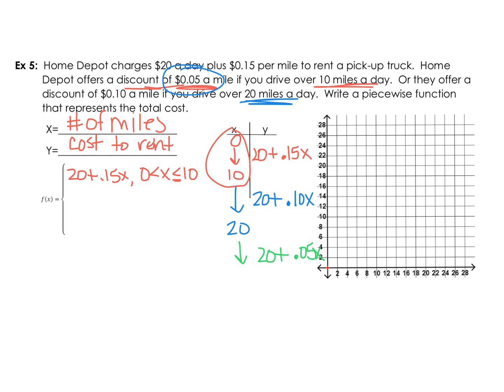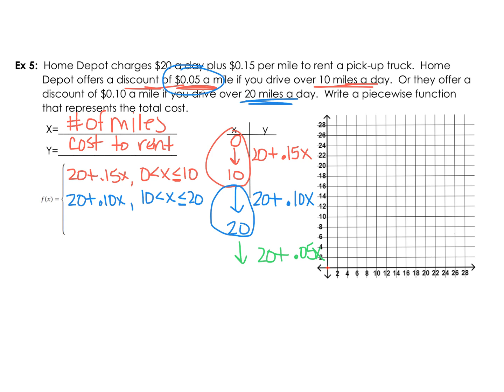Okay, then the second equation is 20 plus 0.10x, and that's for 10 up to 20. So a between statement again, 10 less than x less than 20. 10 was included in the red function, so we don't include it in the blue one, but we do include the 20. So the 20 needs to have a line under it.